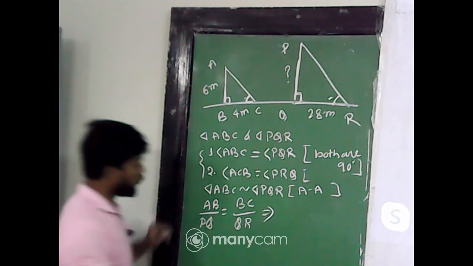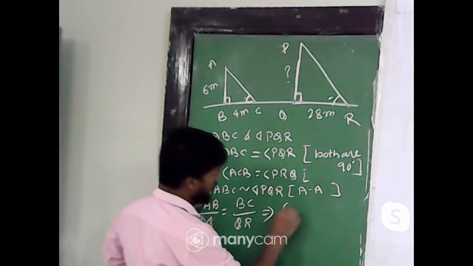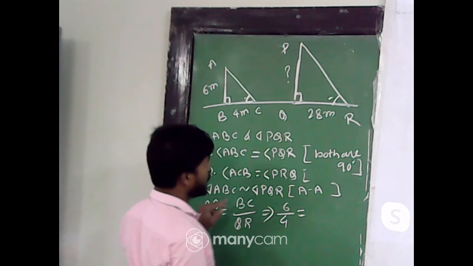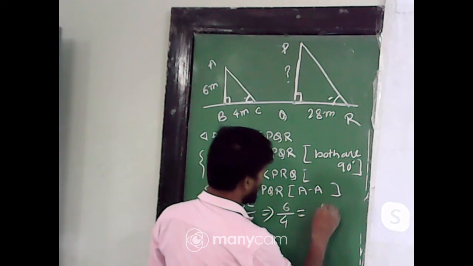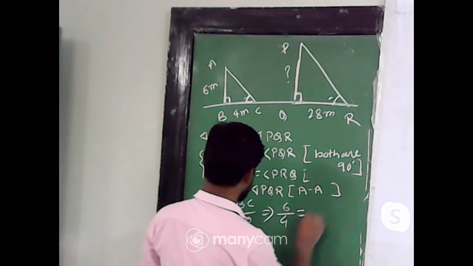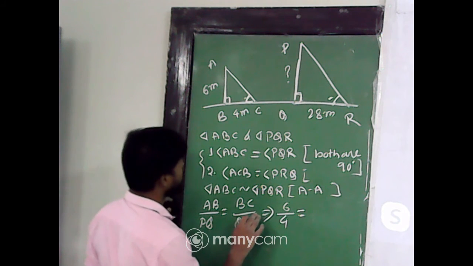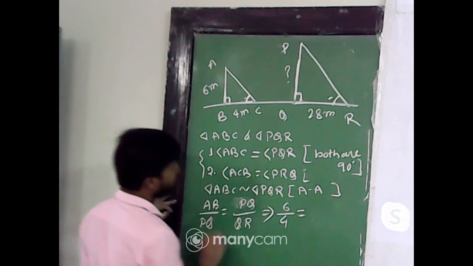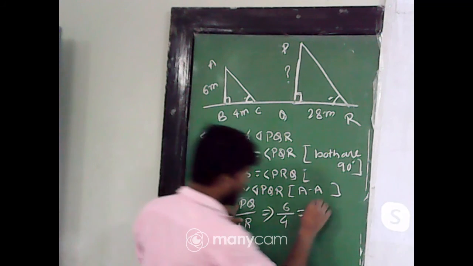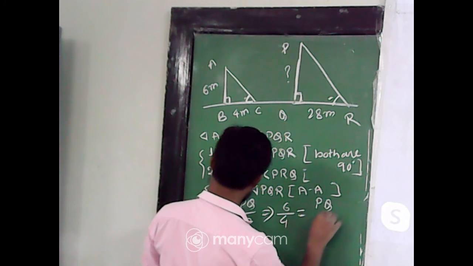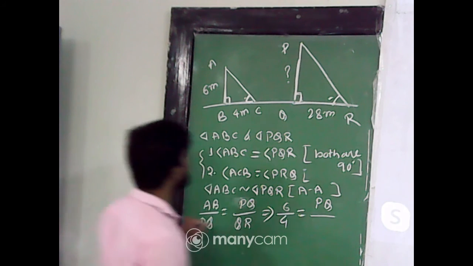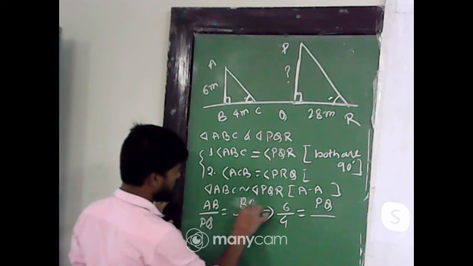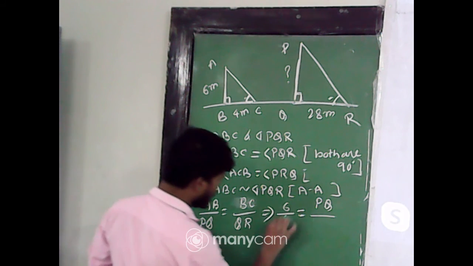Now put the value of AB is 6, value of PQ is 4, that is equal to, sorry, not that. It is PQ by QR. The value of PQ we don't know.